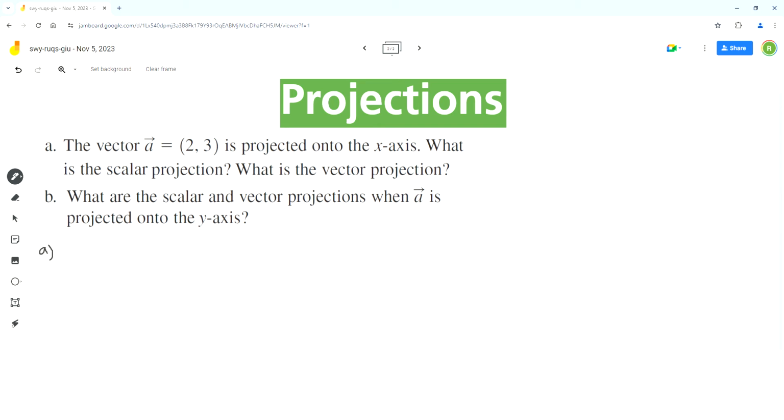A vector is projected on another vector when they are arranged in tail-to-tail format. So the first thing we can do is draw a diagram for this problem to understand the projection of vector A on the x-axis.